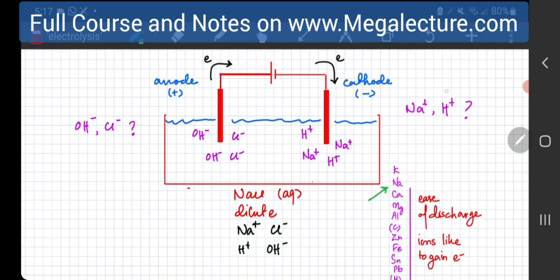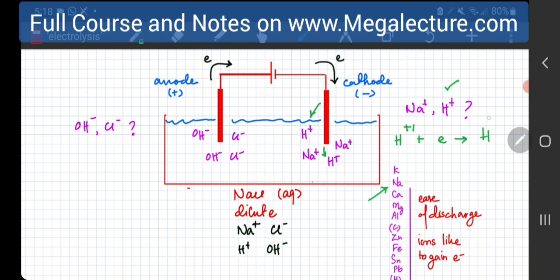H is the one that gains electrons. So the electrons over here are going to end up with H. The equation in this case would be that it's going to be H+, so this H+ would gain an electron, and it will form a neutral H atom.